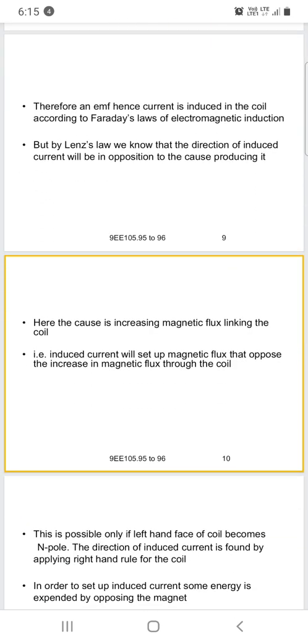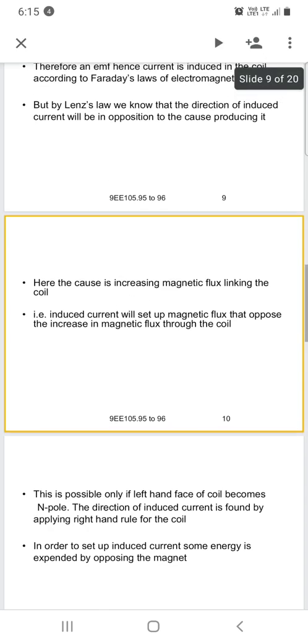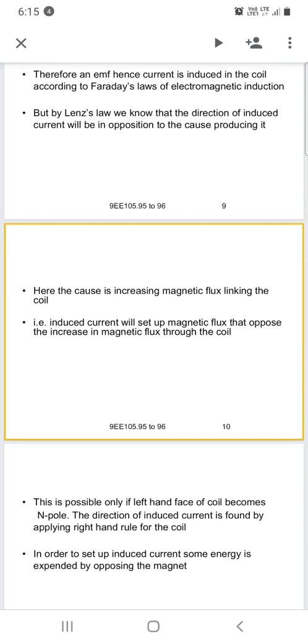Here the cause is the increasing magnetic flux linkage in the coil. That is, the induced current will set up a magnetic field that opposes the increase in the magnetic flux through the coil.